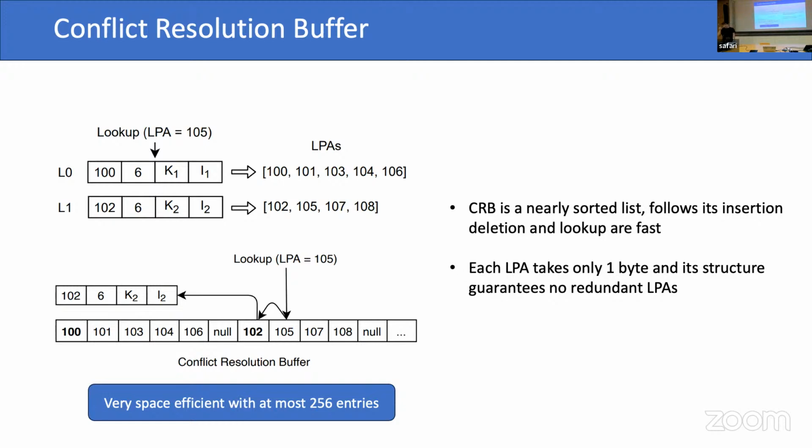When we need to look up which segment holds the physical page address information, we simply search for our LPA.